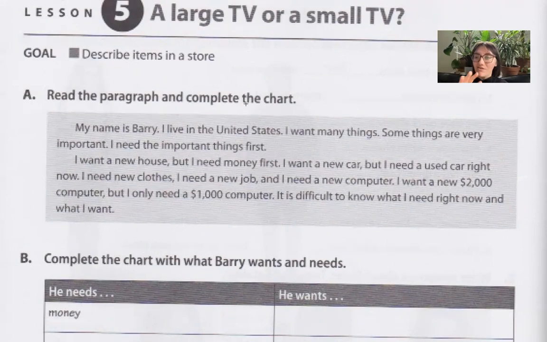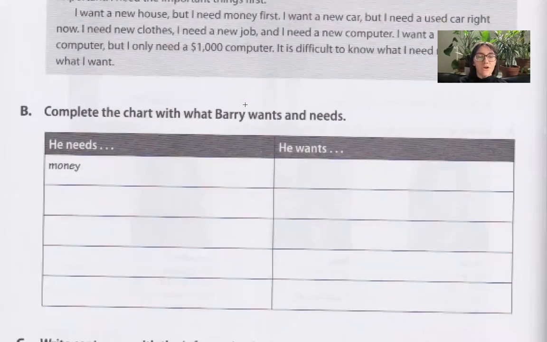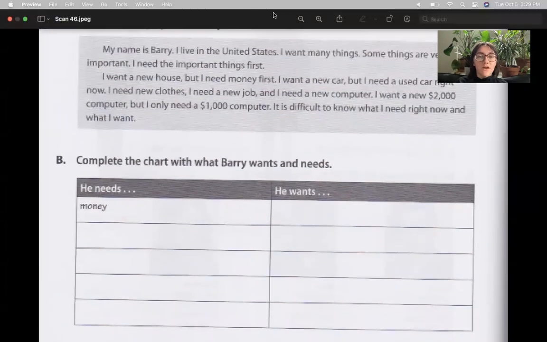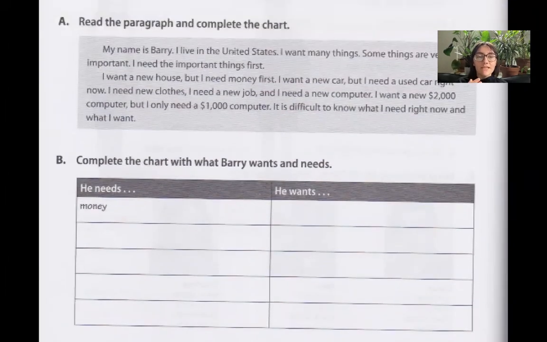All right, so we can all relate to that. What is it that I need? How do I tell if it's something I want or something I need, right? So it says complete the chart with what Barry wants and needs. So let's go ahead and read. So he says, I want many things, but he needs the important things first, right? So he wants a new house, but he needs money.